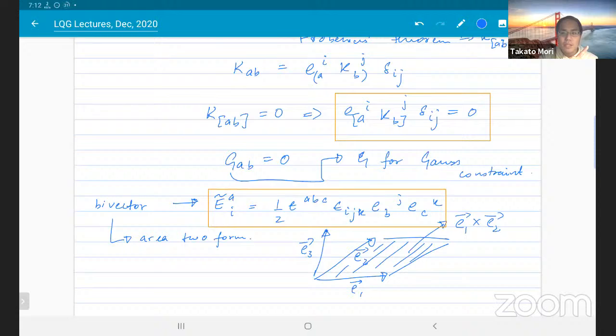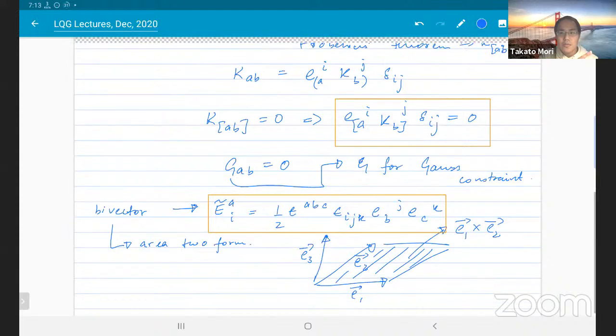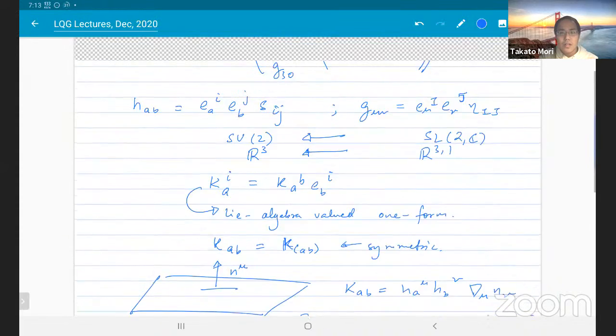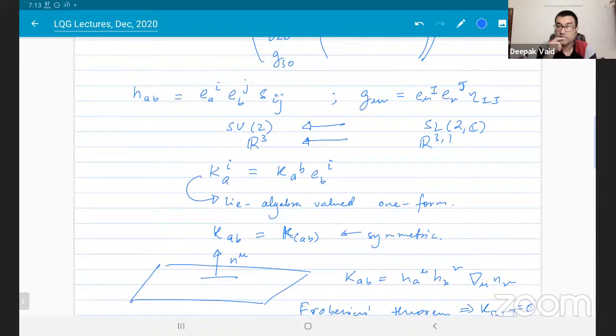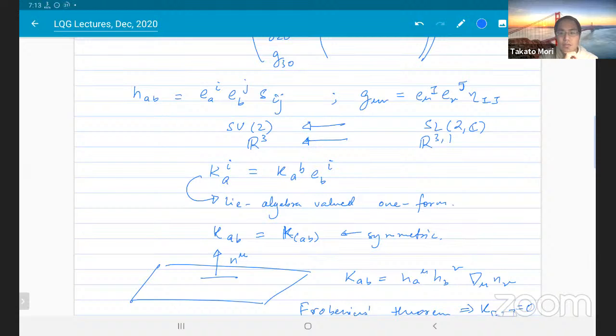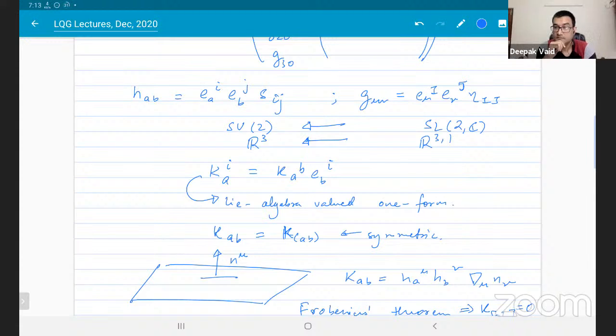You talk about the spin connection or tetrad, then you say SU2 or SL2C rather than SO(1,3) or SO3. I mean, when you talk about internal degrees of freedom, you say SL2C rather than SO(3,1).